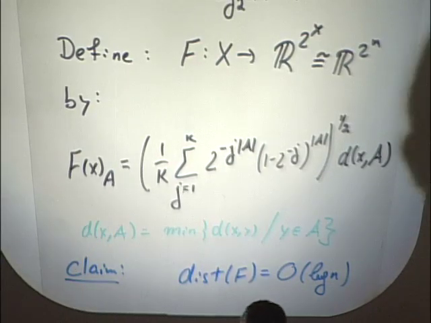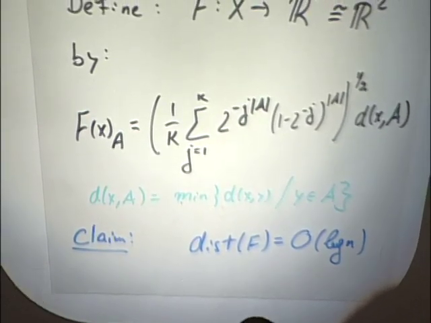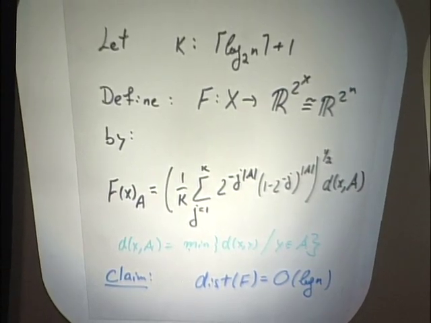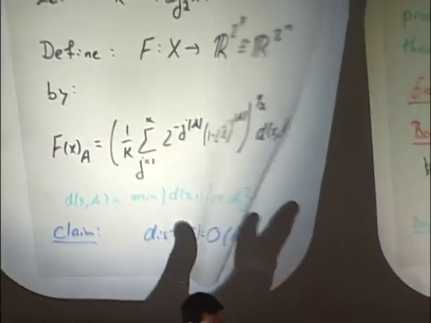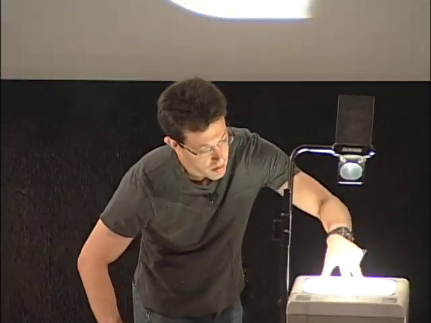You write this in each coordinate. And the theorem is that the distortion of this concrete embedding is log n, independently of the metric space that you started out with. So that's Bourgain's theorem. You can prove this theorem just using formulas, and actually that's the way Bourgain does it.